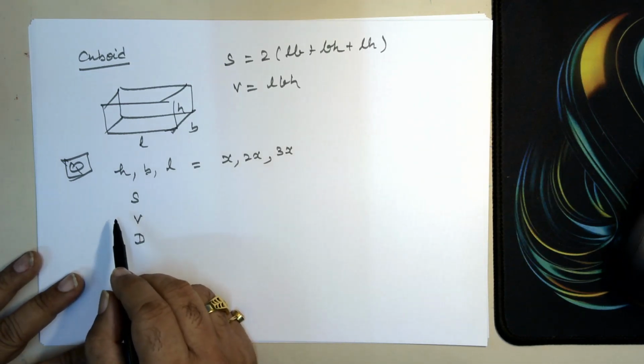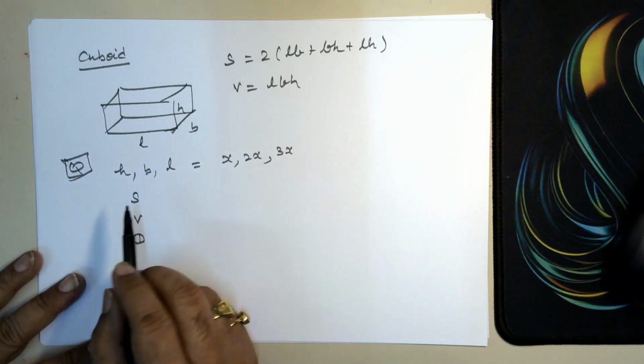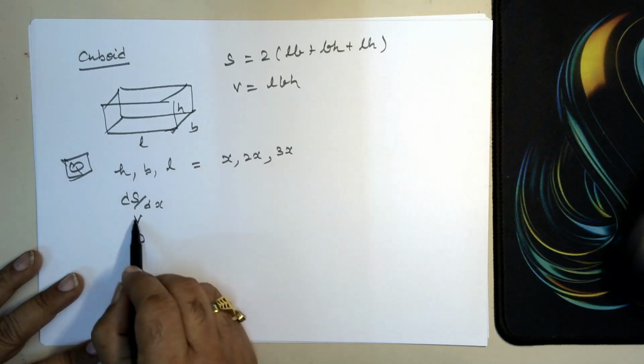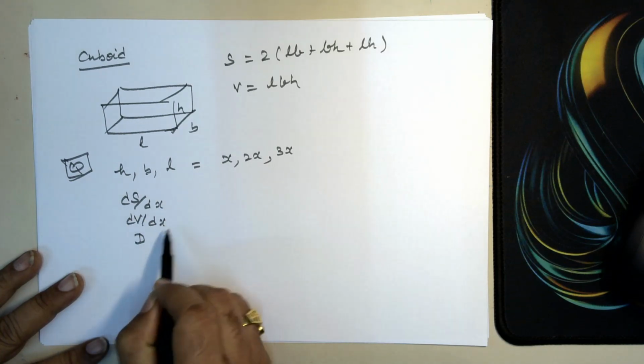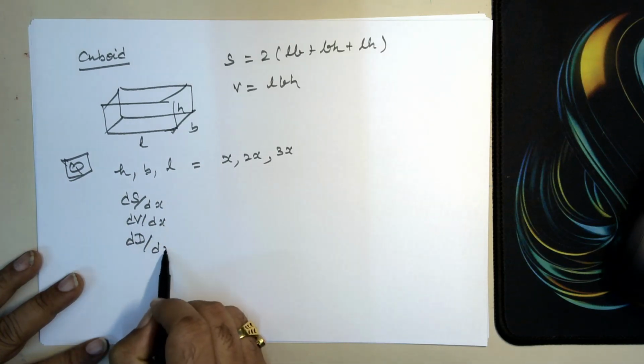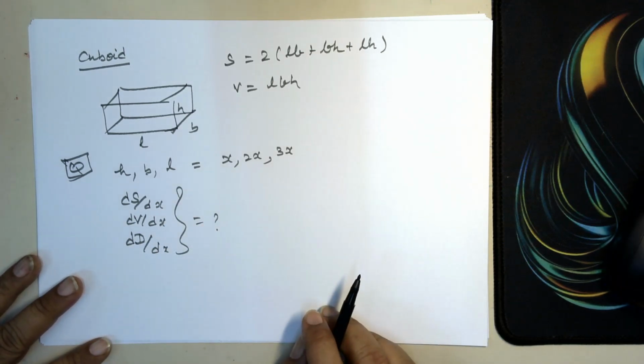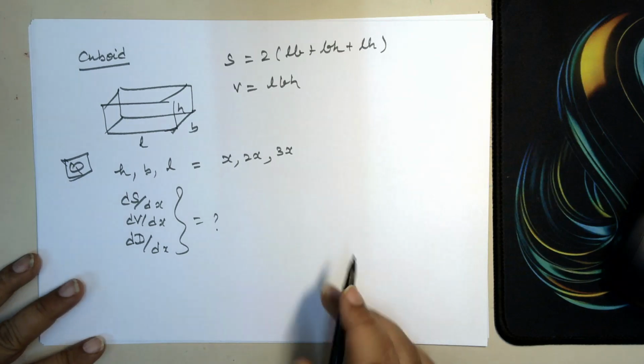So it means what? Increasing with respect to x. They are given with respect to x. It means dS by dx, dV by dx, dD by dx. Okay. So we have to find out this. Got it? Now let us proceed.